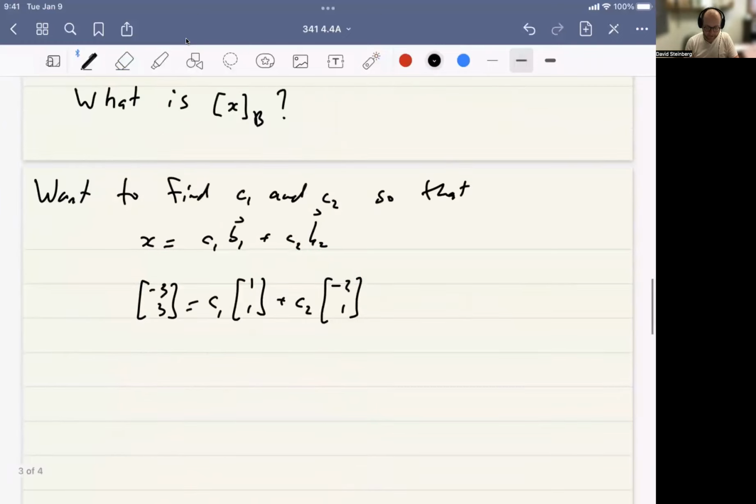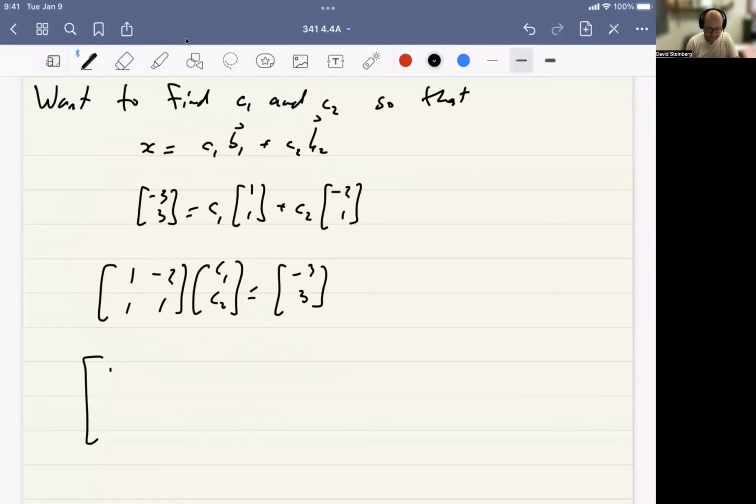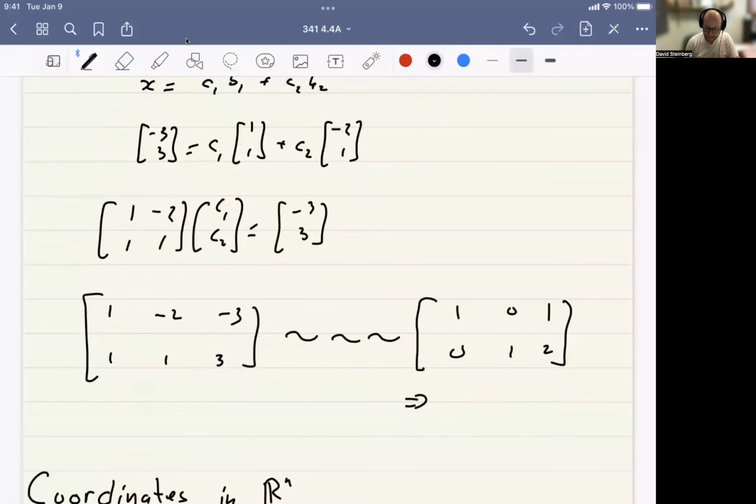Okay, right? We're solving [[1, -2], [1, 1]] times (C1, C2) equal to (-3, 3). So we're going to take the augmented matrix [1, -2, -3; 1, 1, 3] and reduce this. I'll let you all sort out the details, but it'll reduce to [1, 0, 1; 0, 1, 2], which is telling us C1 is equal to 1 and C2 is equal to 2.